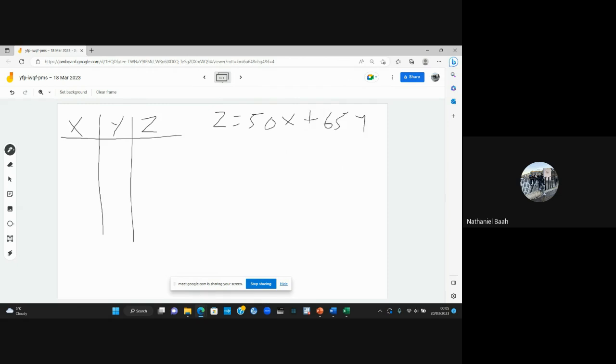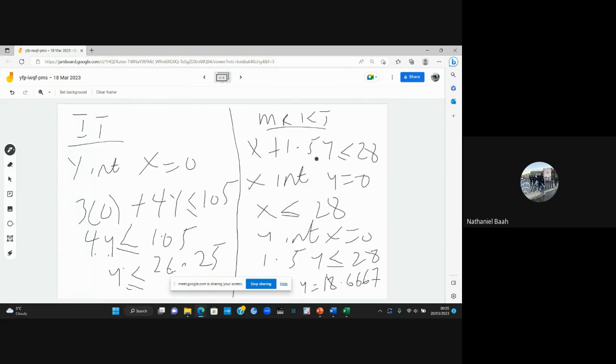This is what we got. Great. So now I'm going to use the equation we got from the marketing department, right? Another person can also use the equation we had from the IT department, and you are going to end up getting the same decision points, right? The points are going to be the same.